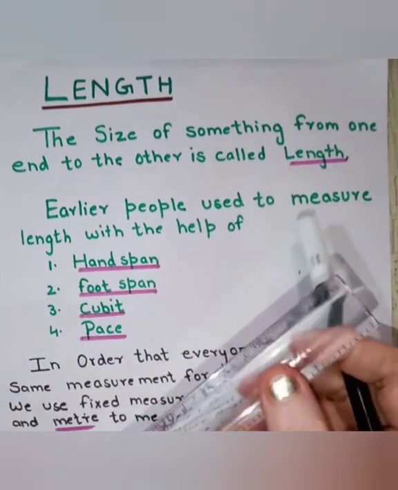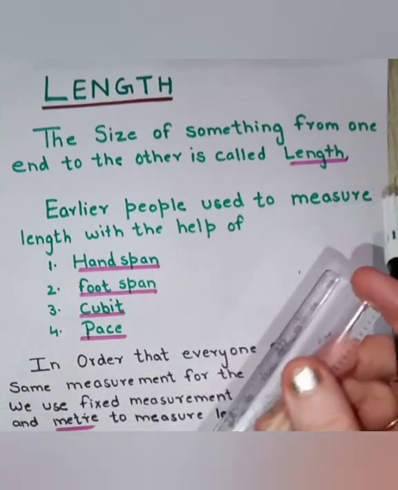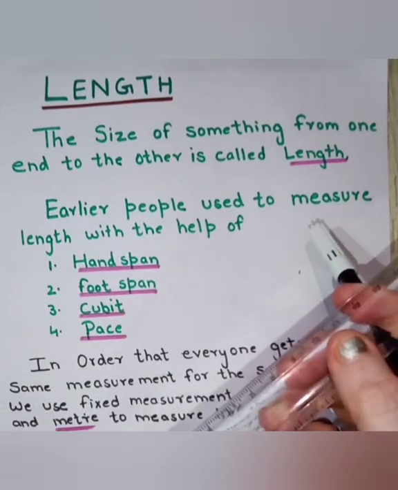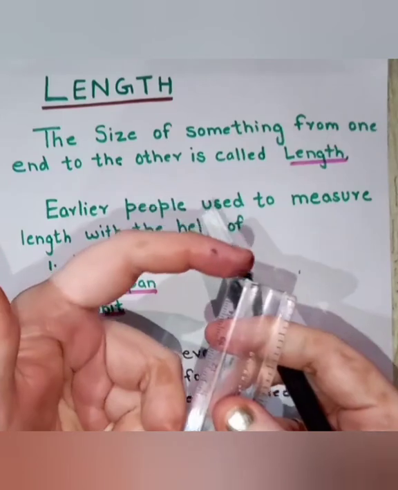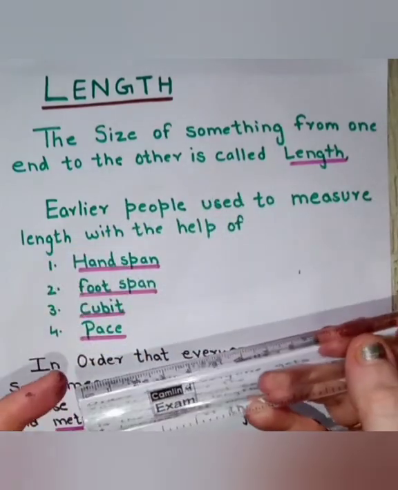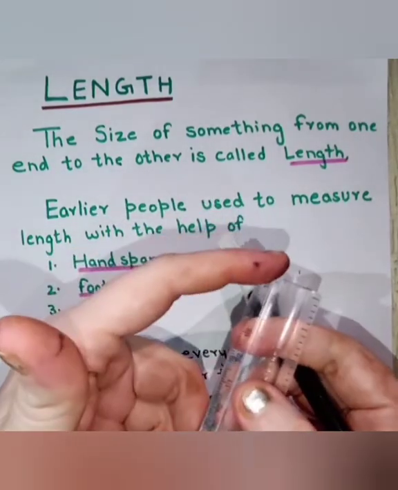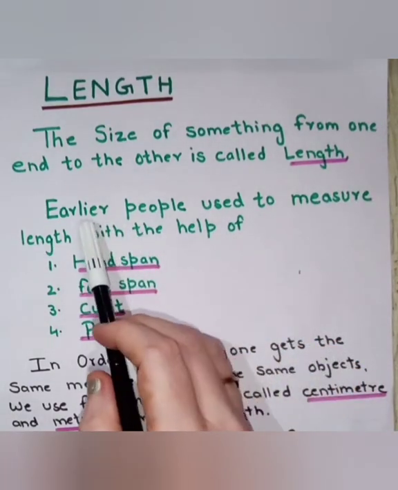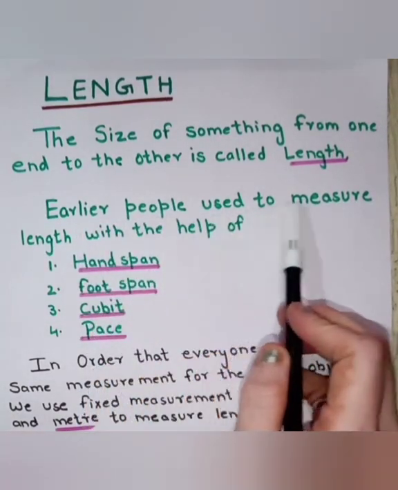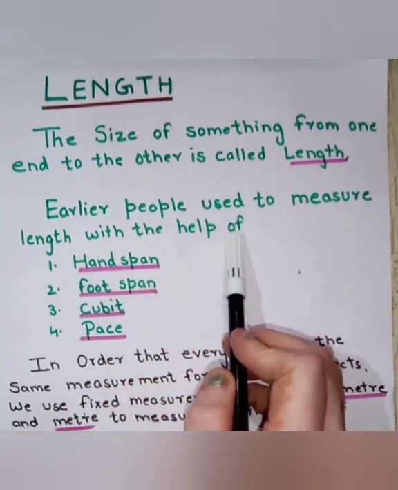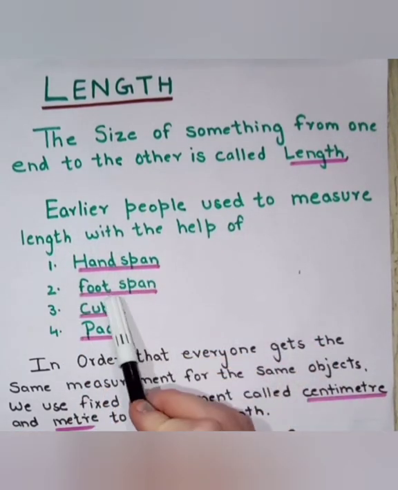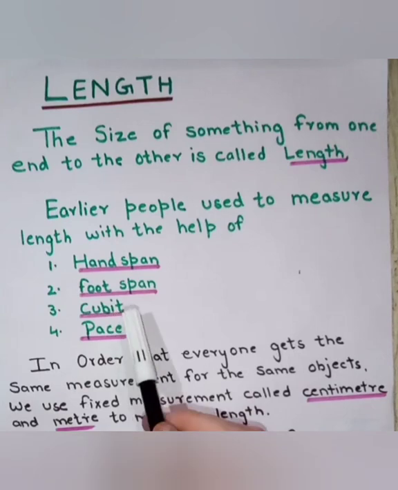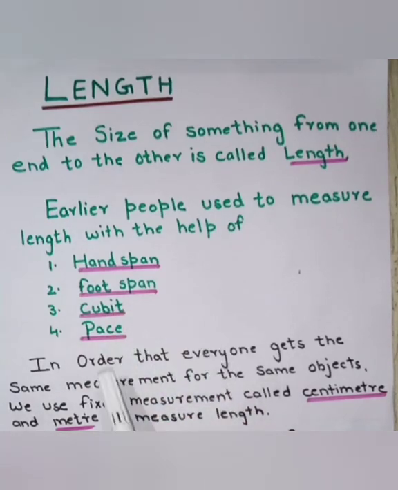Suppose I want to measure the length of this scale, so I will measure from this end to this end. Okay, easy? Earlier, people used to measure length with the help of handspan, footspan, cubit and pace.